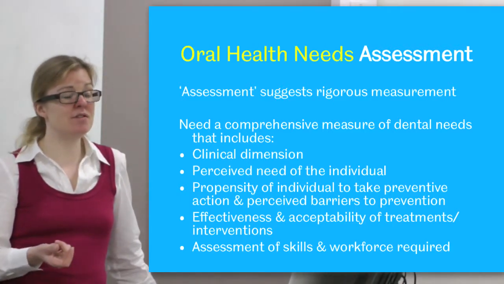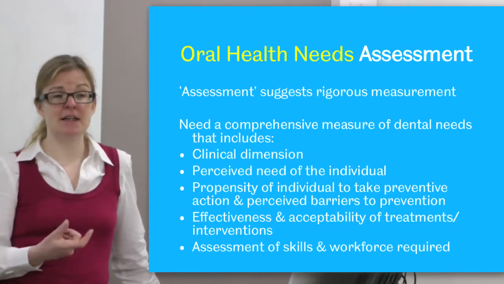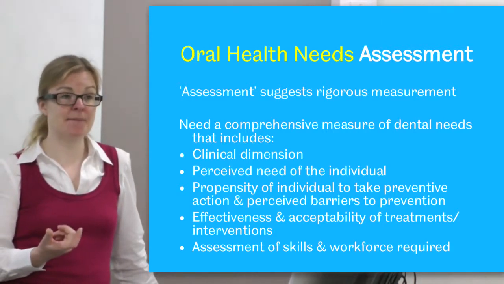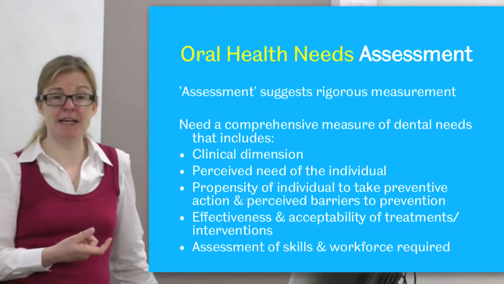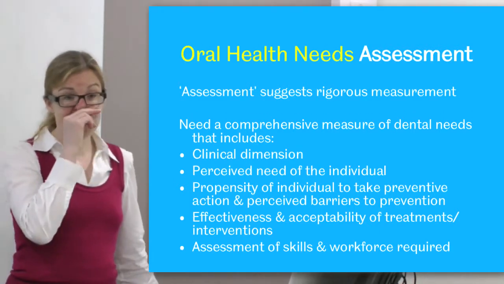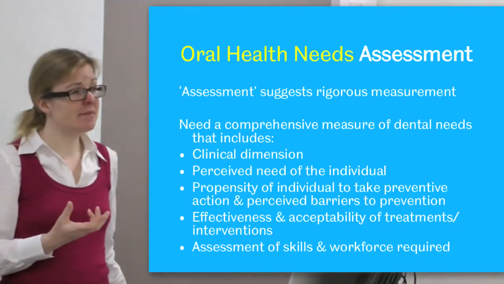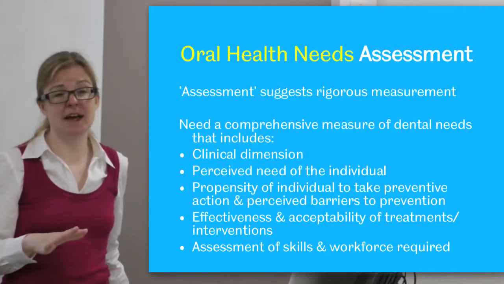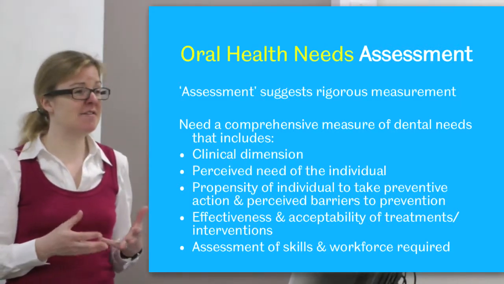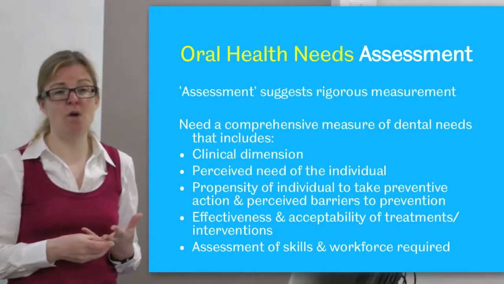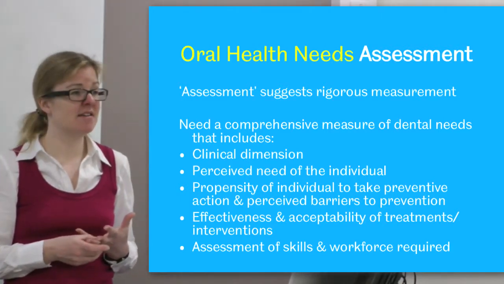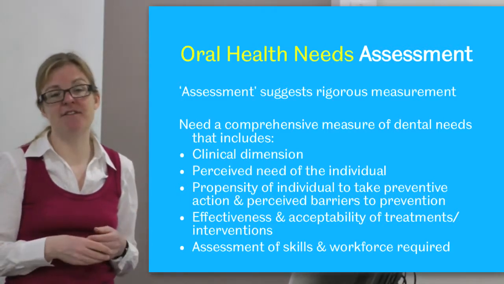And how can we use the skills of the workforce to its best ability to meet the needs of the population? So say if you have in your country fairly low levels of caries with a mean DMFT of about 1 or 2 in, maybe say 1 in 5-year-olds.